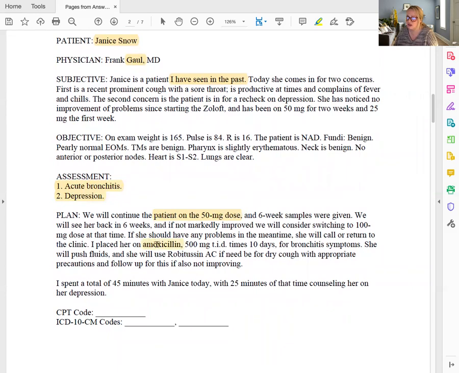She's also going to be starting amoxicillin. Again, another antibiotic without an indicated reason for bronchitis symptoms. Keep in mind, bronchitis is an infection in the lungs that can be caused by viruses or bacteria.